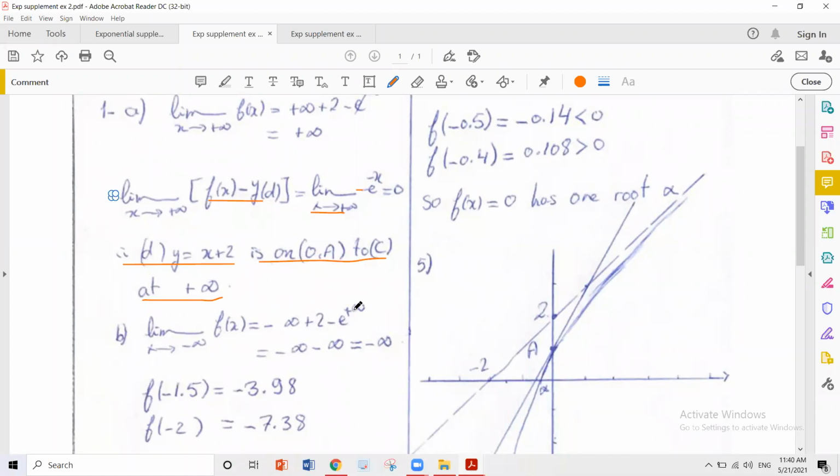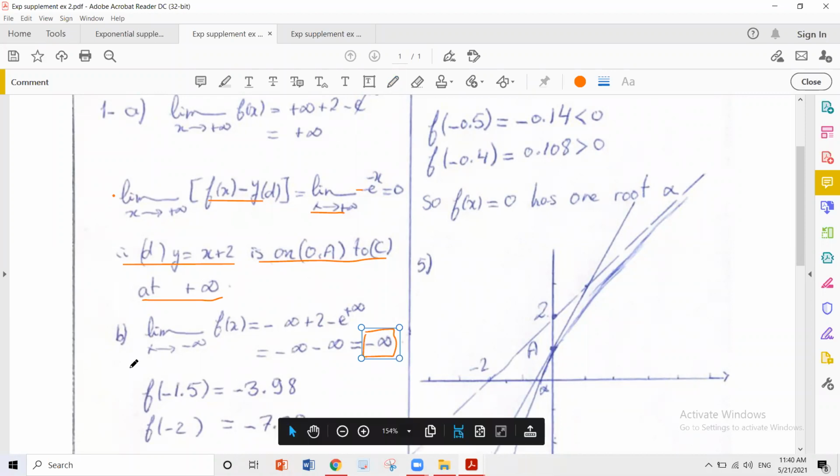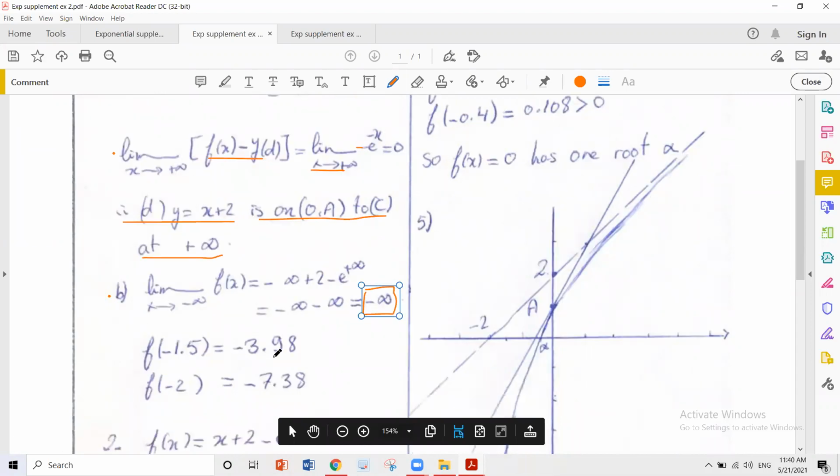So e to the power plus infinity is plus infinity. So minus infinity, it is equal minus infinity. f of minus 1.5 is equal minus 3.98, and f of minus 2 equal minus 7.38.